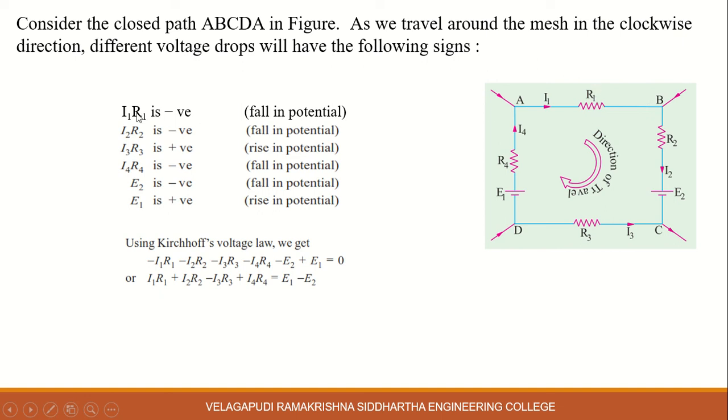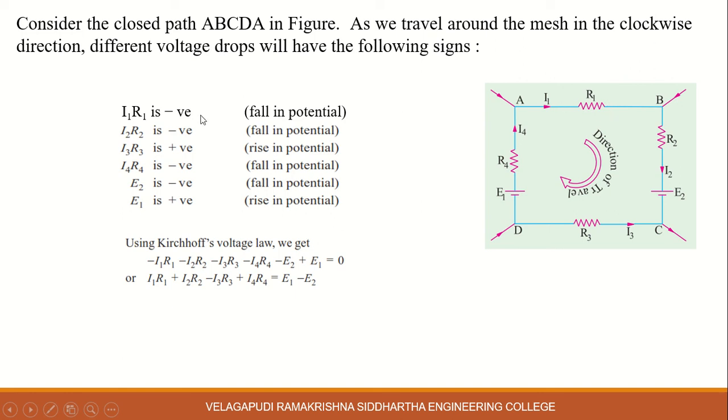So the voltage drop across resistor R1 is I1 R1, and it is a falling voltage, because current I1 flows from higher potential to lower potential. Higher potential is positive sign, lower potential is negative sign, so the voltage falls from positive to negative.